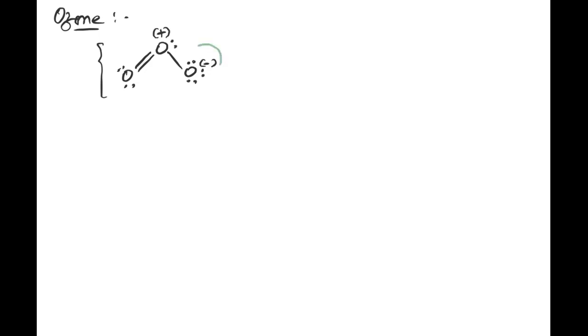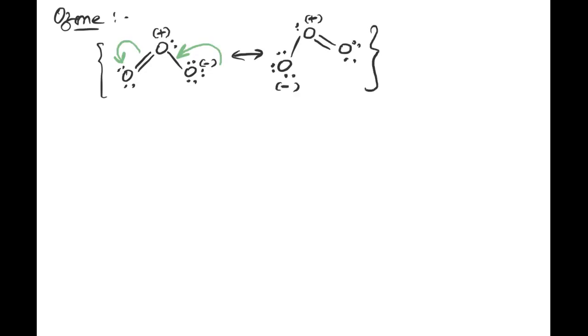In another resonating structure, this bond can break in this direction, and we have O and a double bond O here, with only two lone pairs, a positive charge here, and a lone pair with a negative charge. The hybrid structure of ozone has oxygen and oxygen here with pi bond character. Effectively, it is nothing but the resonance hybrid structure.